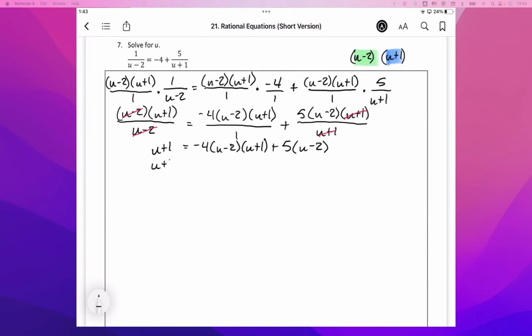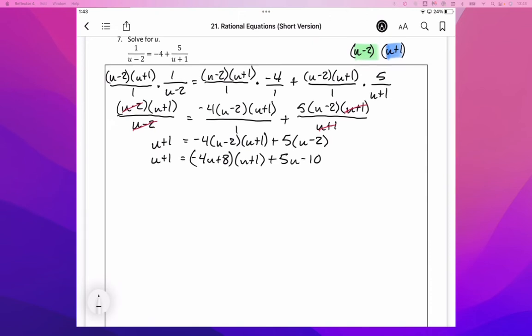So u plus 1 is equal to negative 4u plus 8 times u plus 1 plus 5 times u is 5u minus 10. And now we need to multiply that negative 4u plus 8 and the u plus 1.